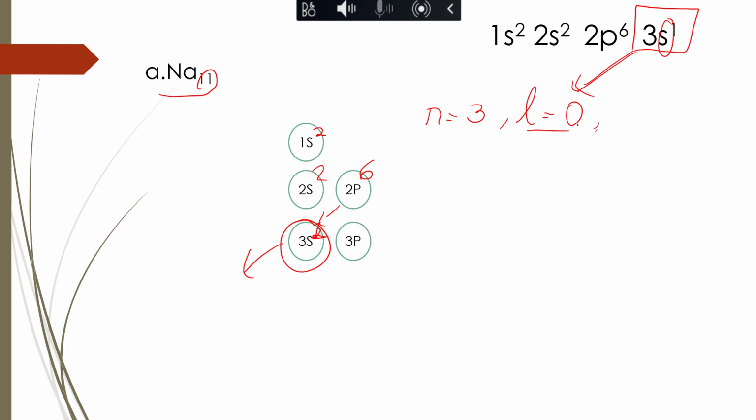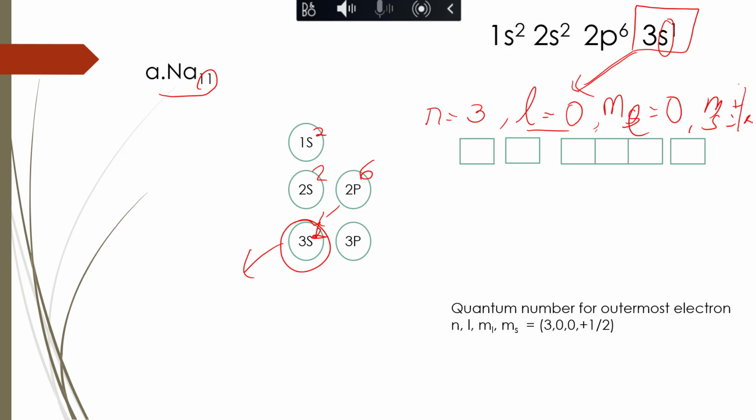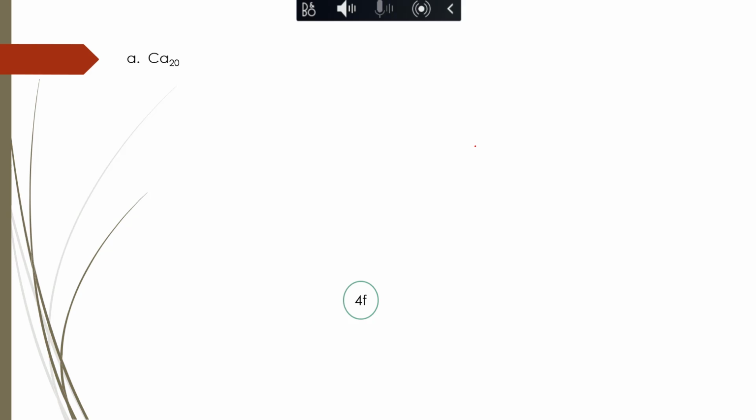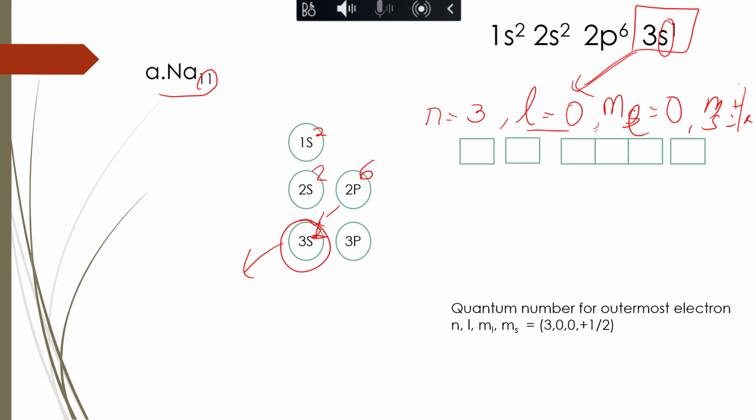And we also have l, because it is the subshell s, so l is equal to 0. Then the s orbital only has magnetic quantum number 0, and the spin is plus half.